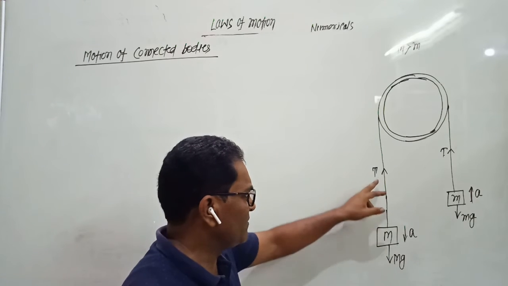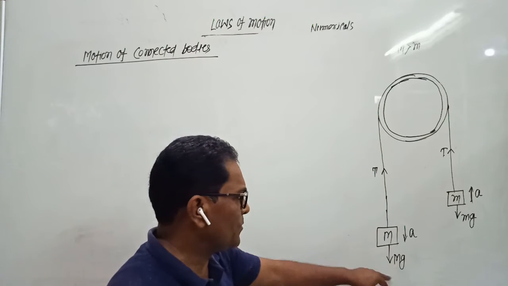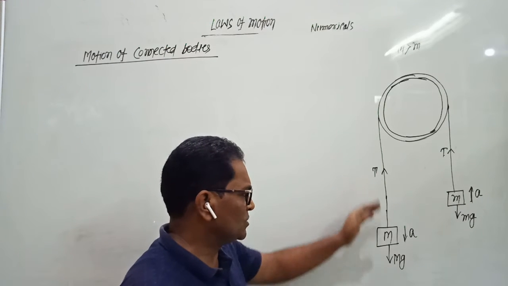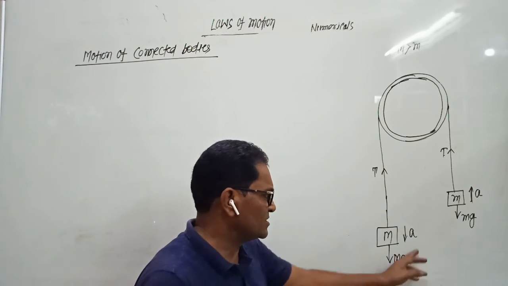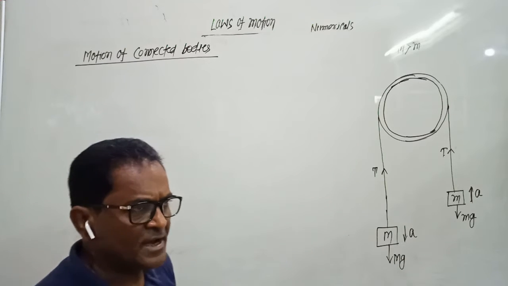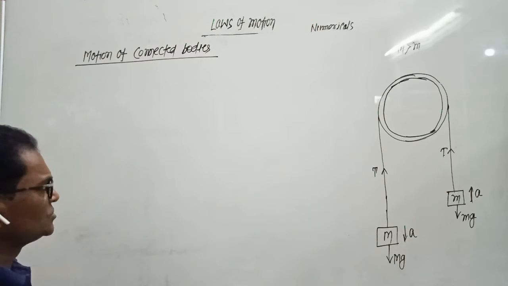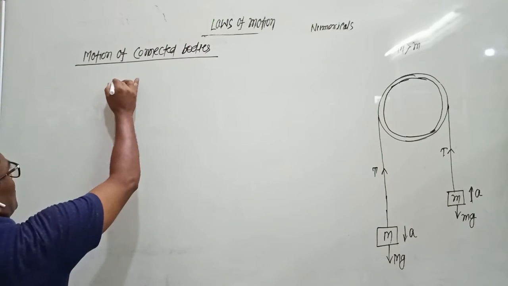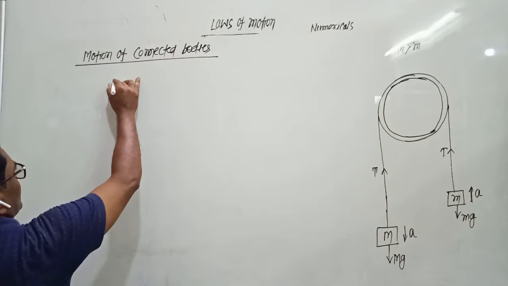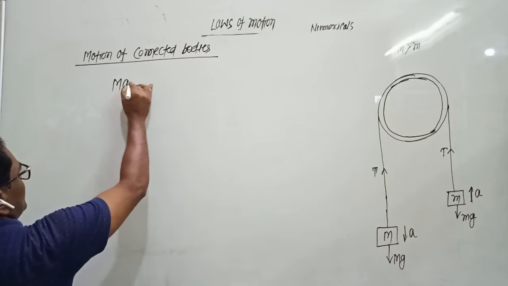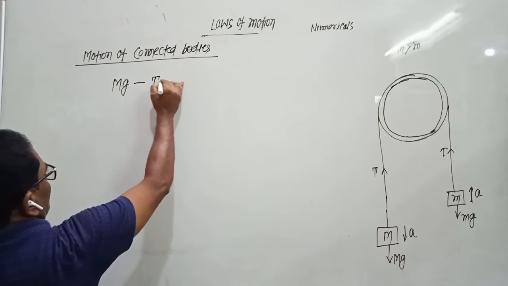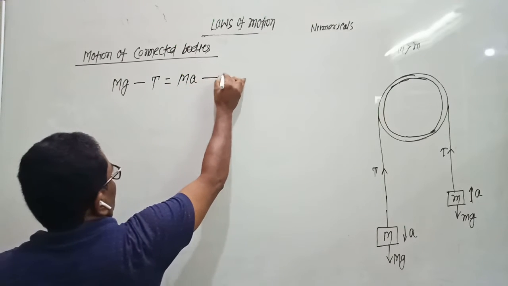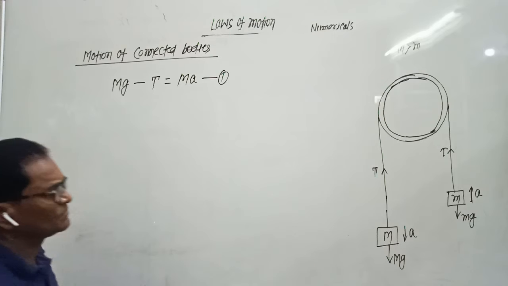Mg will be positive, T will be negative because it is opposite to Mg, and the difference of these two forces equals the resultant force, M into A. So for the first mass, Mg minus T equals capital M into A. This is the first equation.